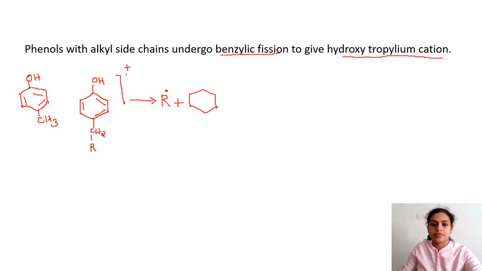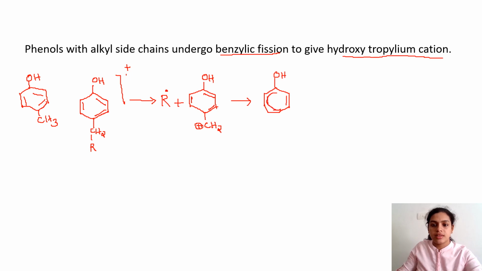Okay, R dot and, okay, we obtain two fragments in which one is the radical and the other is a cation, an ion. Okay, from here a rearrangement takes place, and the product is this one, the hydroxy tropylium cation.